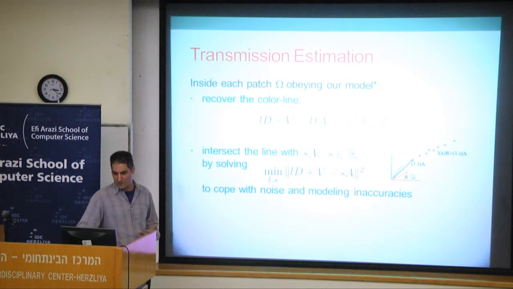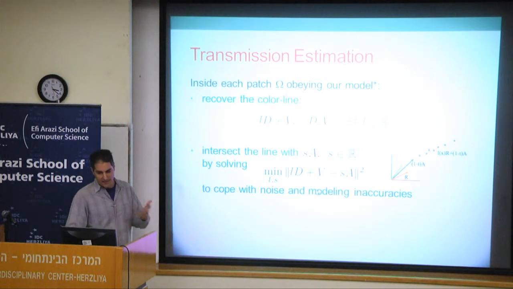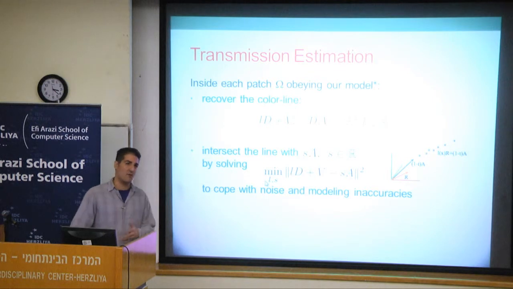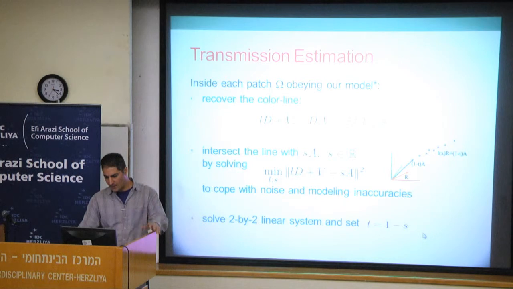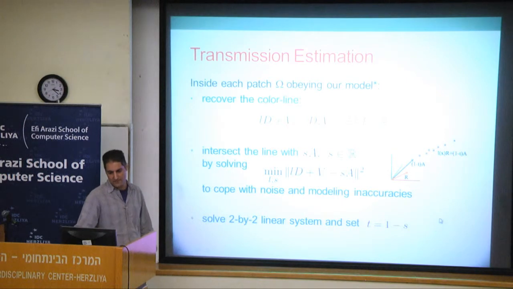So we know that the offset from the origin is 1 minus the transmission times A, so we intersect the line SA, the line that is parameterized by the parameter S, and the color line LD plus V, and intersecting those two lines basically requires us to solve this 2x2 system of linear equations, and when we get S, we can extract T as 1 minus S according to this law here. So it's as simple as that.